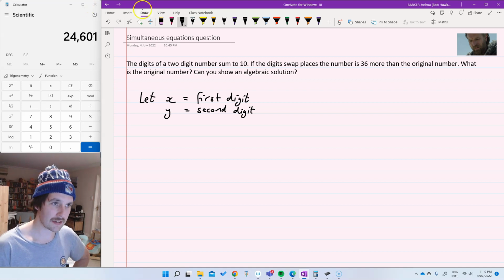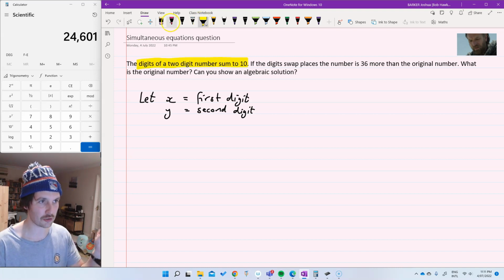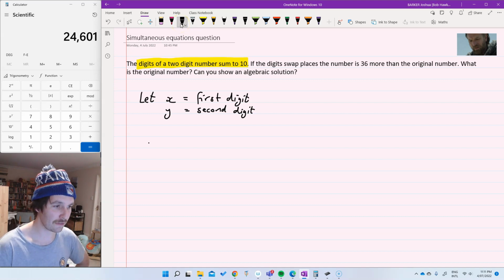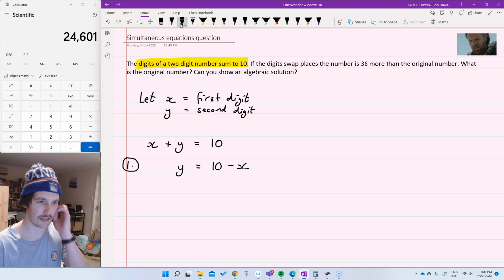So if we add those two digits together, they will sum to 10. So not the place value of the actual digits, just the numbers in each of the spots. If we take the first number, add it to the second number, we get 10. If I rearrange that a little bit, I'll say y is equal to 10 take away x. And that could be equation number 1.